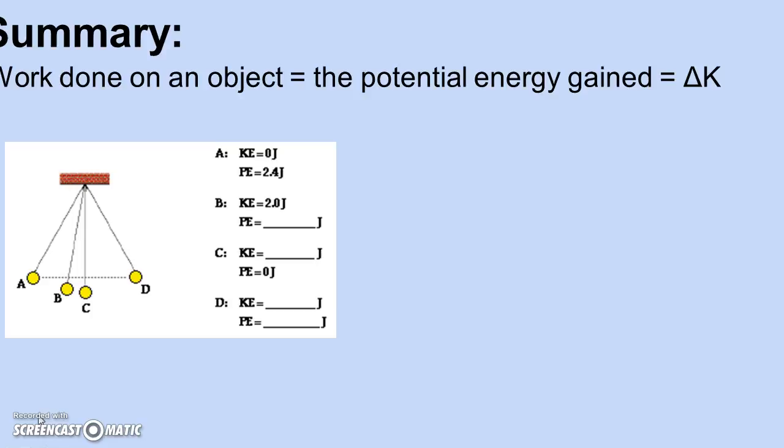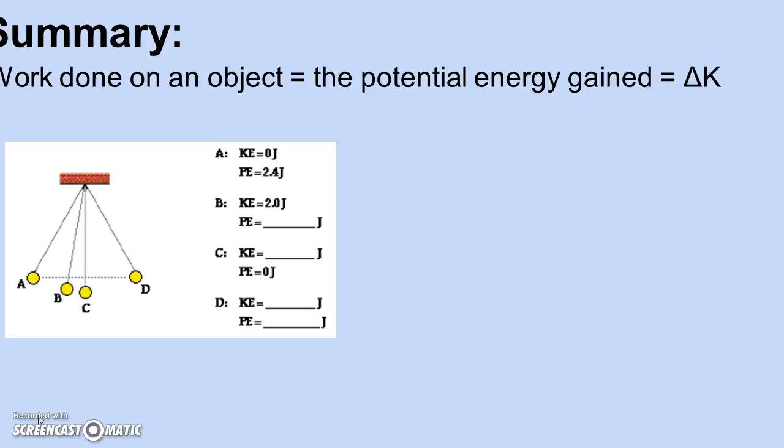Work done on an object is equivalent to the potential energy gained, delta K. In the example illustration, the pendulum has the same potential energy at location A and D. This is the extreme of the motion of the pendulum.